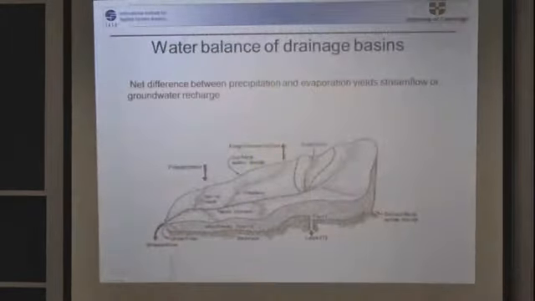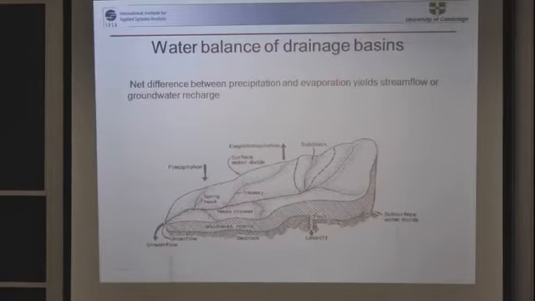Given all these factors, we can conclude that there should be a water balance for a watershed. Precipitation comes from the atmosphere to the watershed, and evapotranspiration goes up again to the atmosphere.